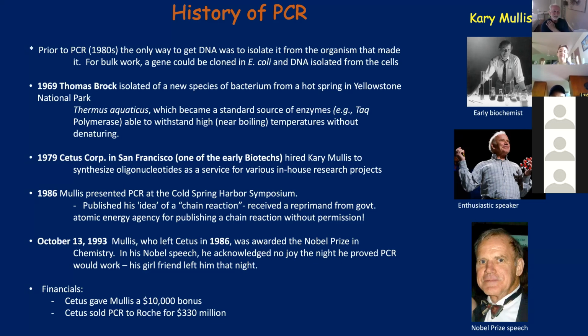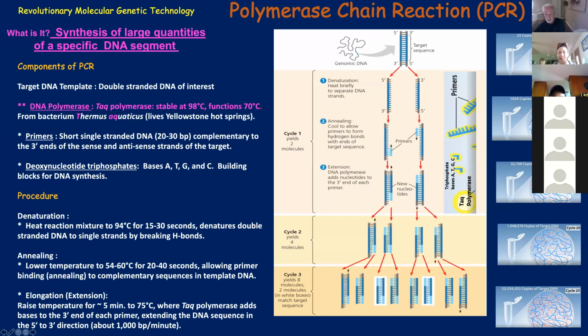And the critical thing to acknowledge is that any bacterium that can grow in such conditions has really extreme enzymes, and Taq polymerase is one of them. If we go back, Taq polymerase is this enzyme right here. You put that in with the other components along with your target, and every cycle, you heat the reaction mixture up to almost boiling, about 95 degrees.